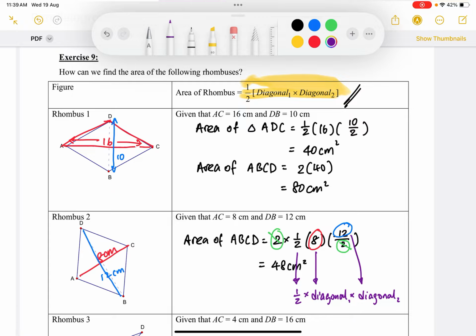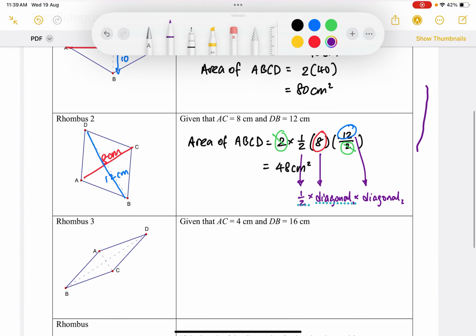We don't need to go through this long working if you memorize the formula. But if you forget the formula, don't worry, it is just made out of 2 triangles. So let's attempt to find the area of this rhombus using the formula directly. Half times the diagonal, first diagonal given to be AC 4 cm, second diagonal given to be 16.